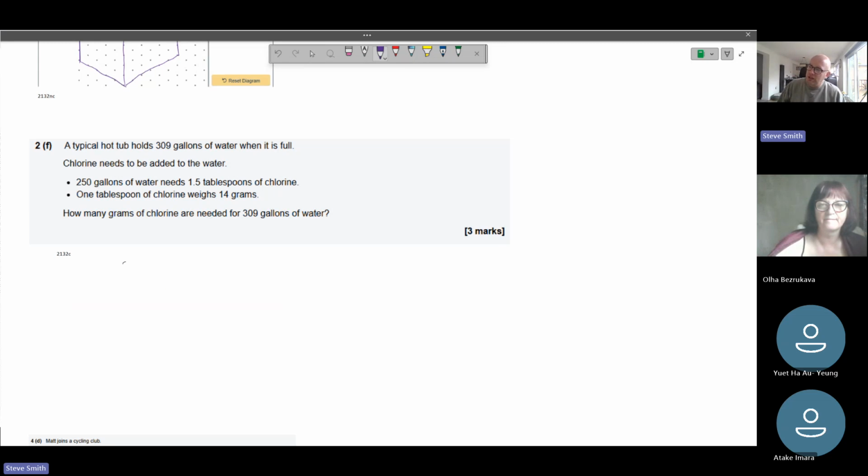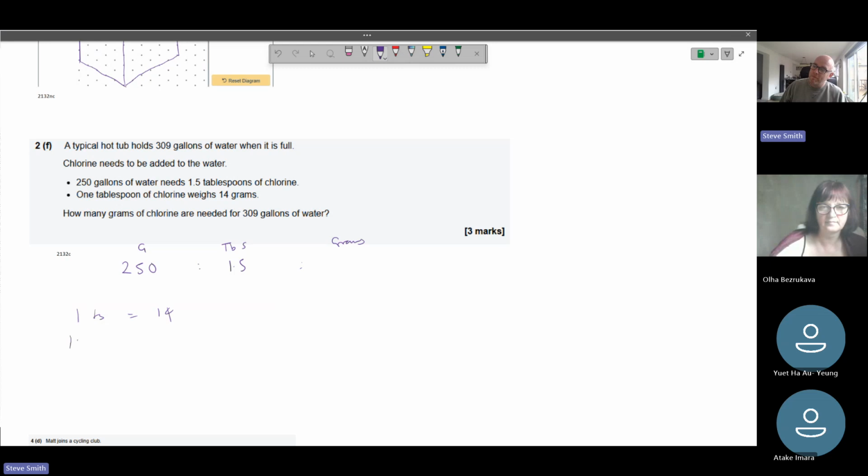So we're saying here 250 gallons is the same as, we'll put tablespoons 1.5. And then what we need is grams. So we can see 1 tablespoon equals 14 grams.